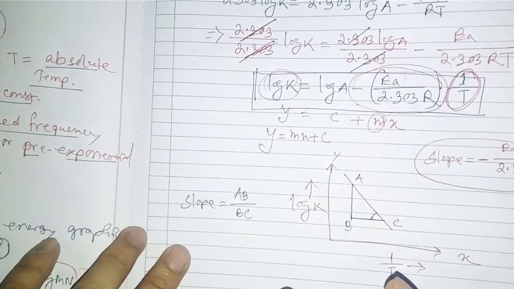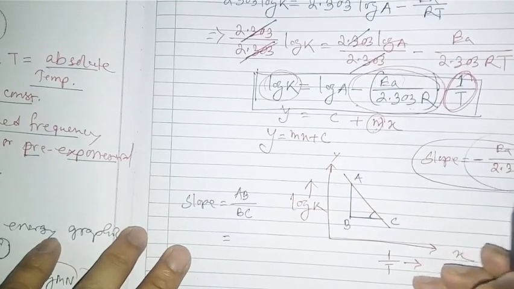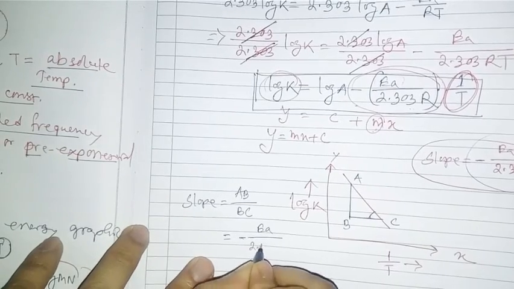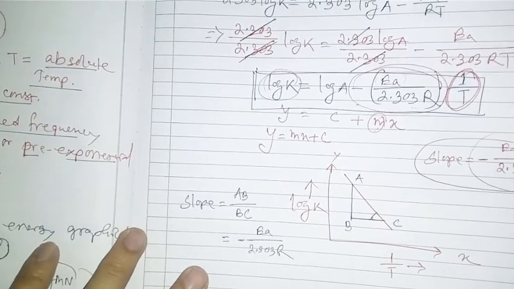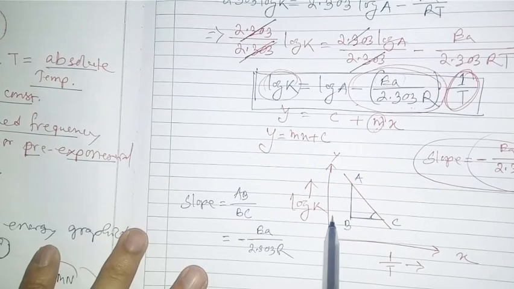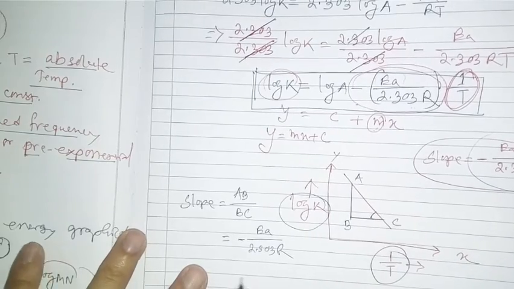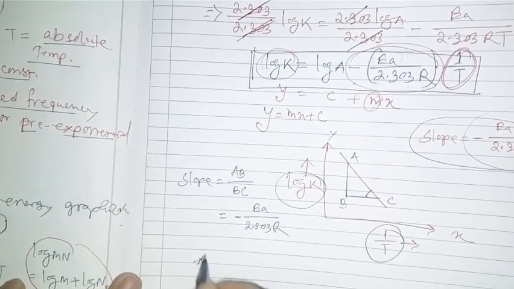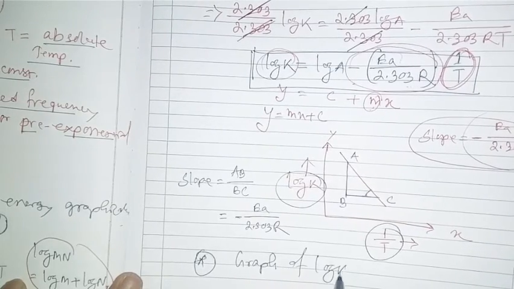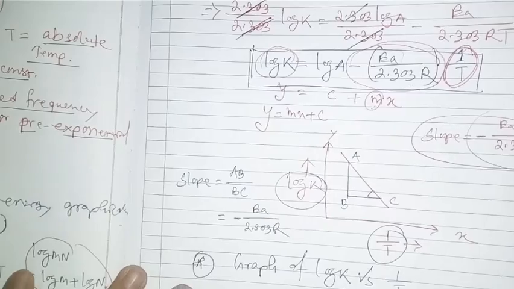So slope equals minus activation energy divided by 2.303 R. This is the graph of log k versus 1 by T.